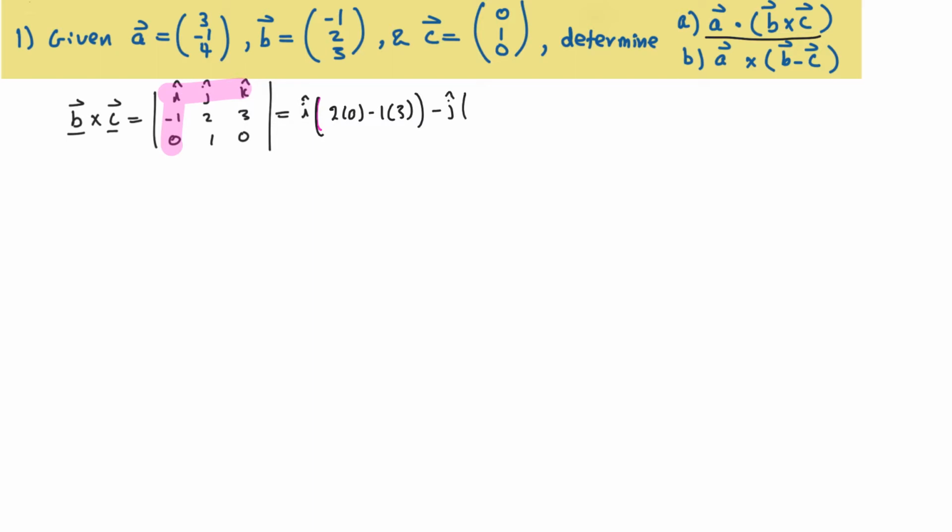We're going to do minus j, and we are going to block off j and the top row, and we are going to multiply negative 1 by 0 and subtract that by 0 times 3, and we're going to add k, or unit vector k multiplied by. To do this, we are going to cross out the top row and the k column, and it will be negative 1 times 1 minus 2 times 0.